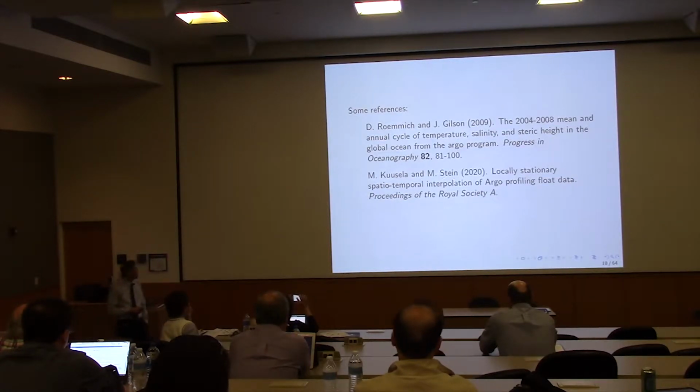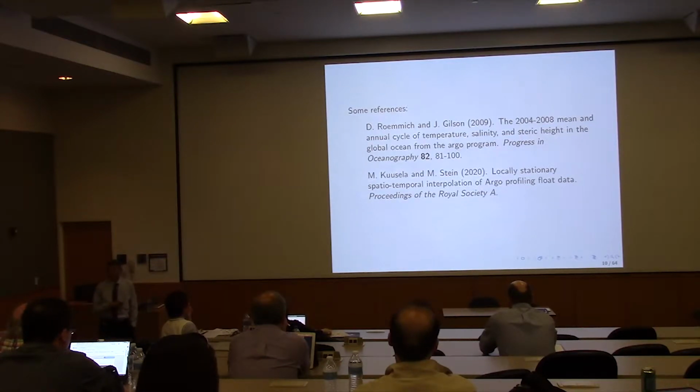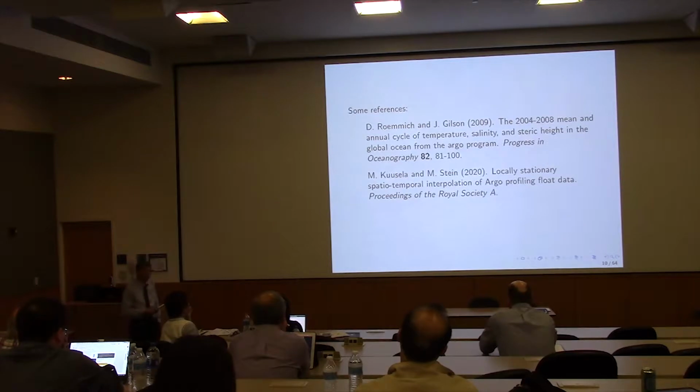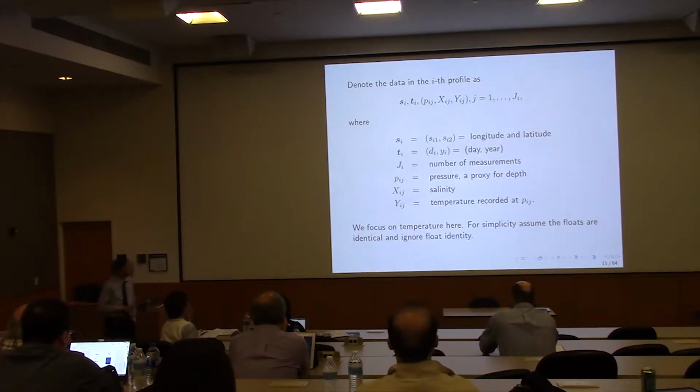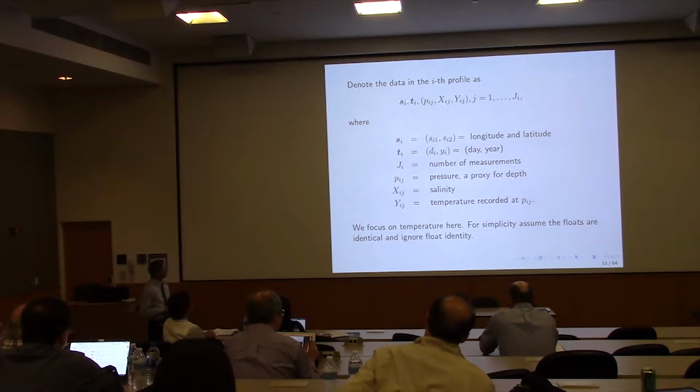The data is still not very well known in statistics, so there's at least this paper by Mike Stein and his former postdoc, Michael Vasella, who's now at CMU. I learned about Argo data from Michael a couple of years ago when I visited Chicago. So that's at least a place to start.